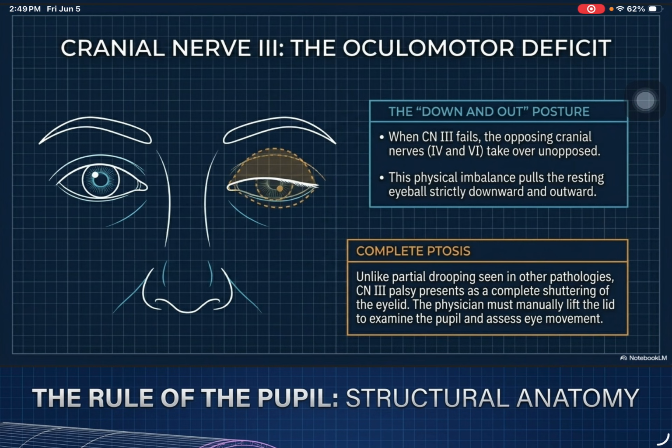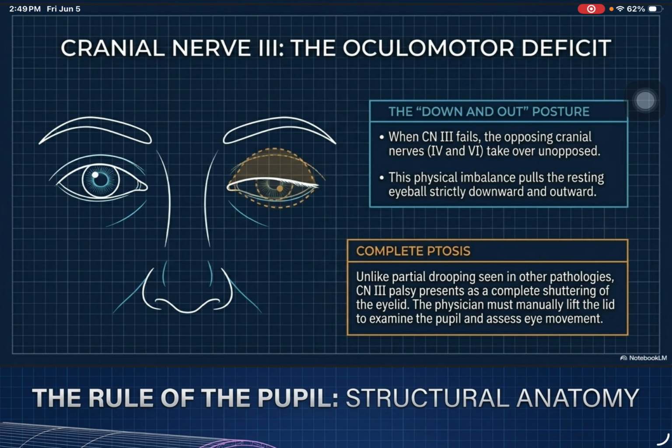There is also a converging squint because the medial rectus is supplied by the oculomotor nerve. So if there is any damage to the oculomotor nerve, I cannot move medially.